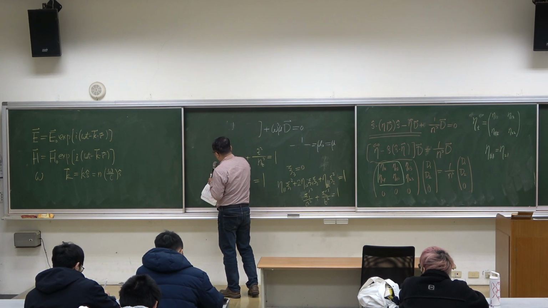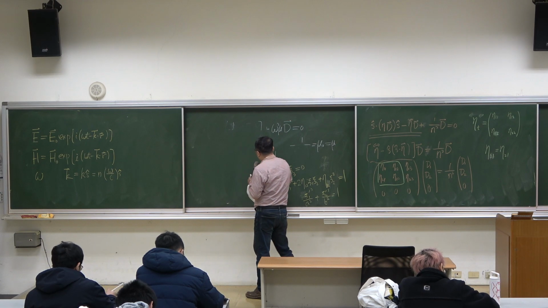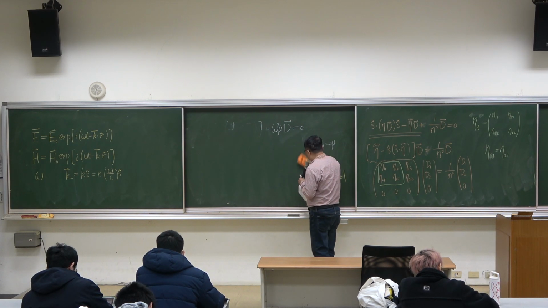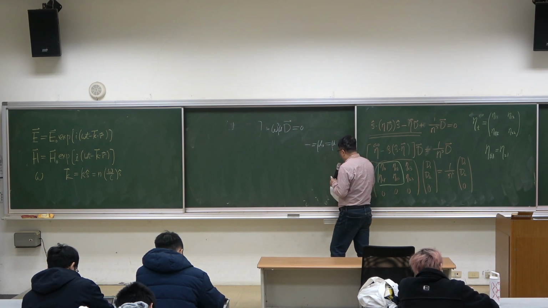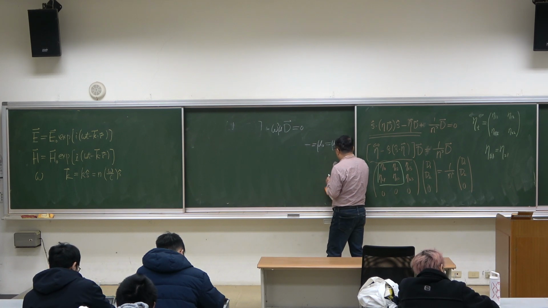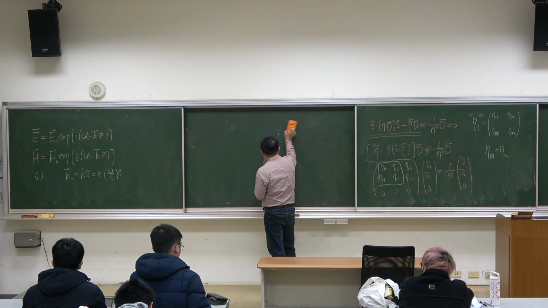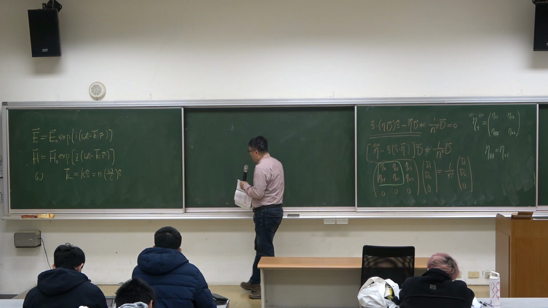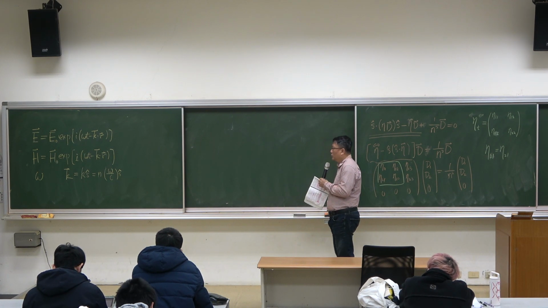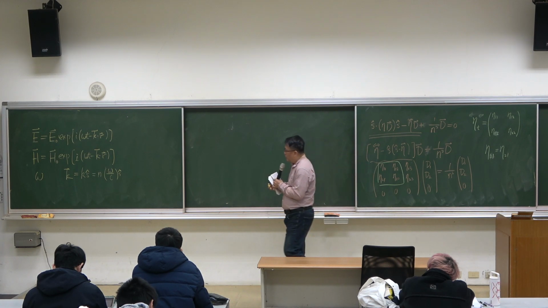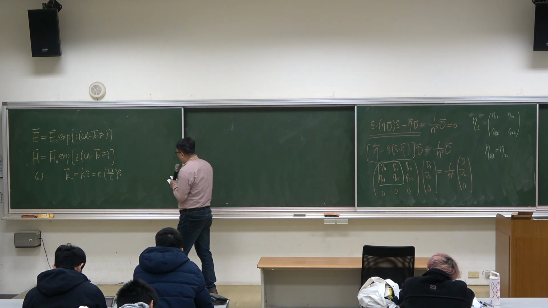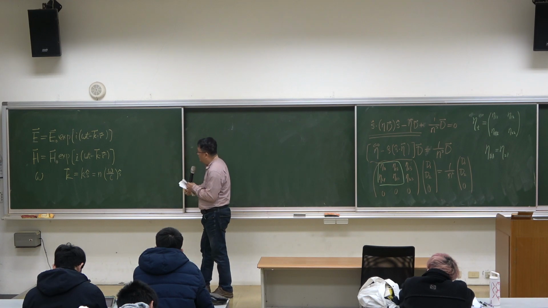So now we consider the wave velocity. In fact, for a wave, it has many different definitions of wave velocities. Okay. The most useful two might be the so-called phase velocity and the group velocity. Okay.